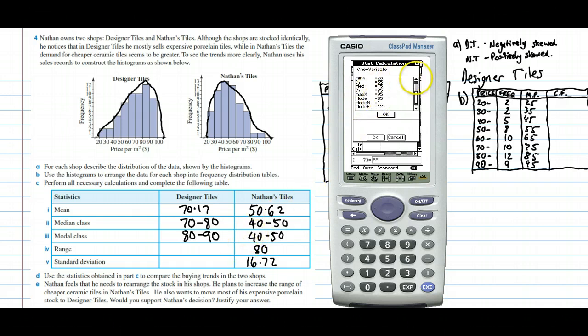The range would be the same as for Nathan's tiles because the groups are the same. And the standard deviation, SX, is going to be 18.85. There we go.